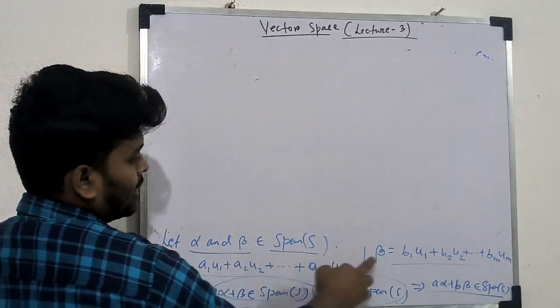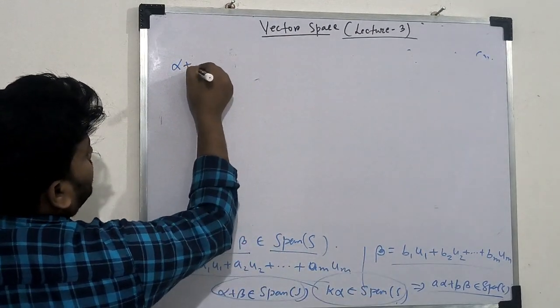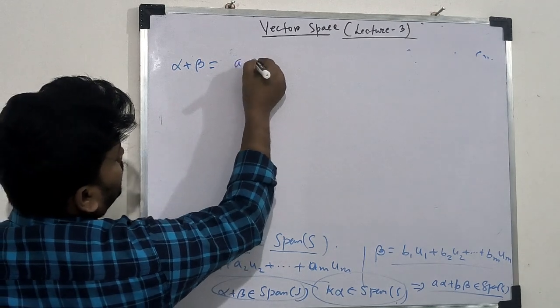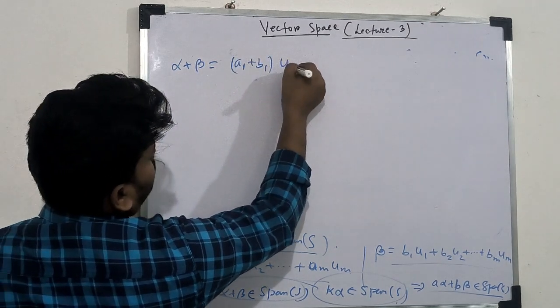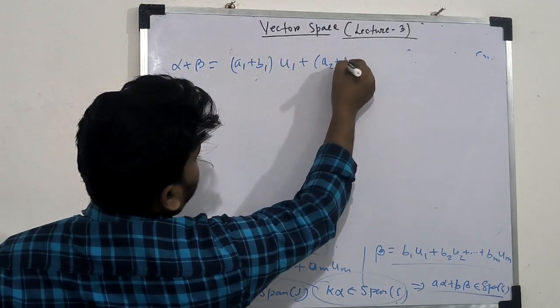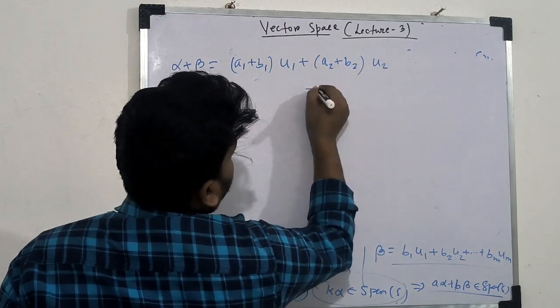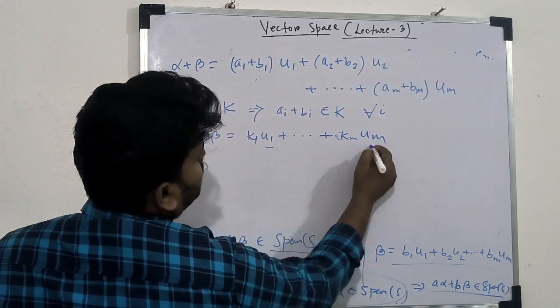So as alpha and beta are of this form, alpha plus beta can be written as (a1 + b1) u1 + (a2 + b2) u2 + ... plus the terms in the vectors u1 to um.